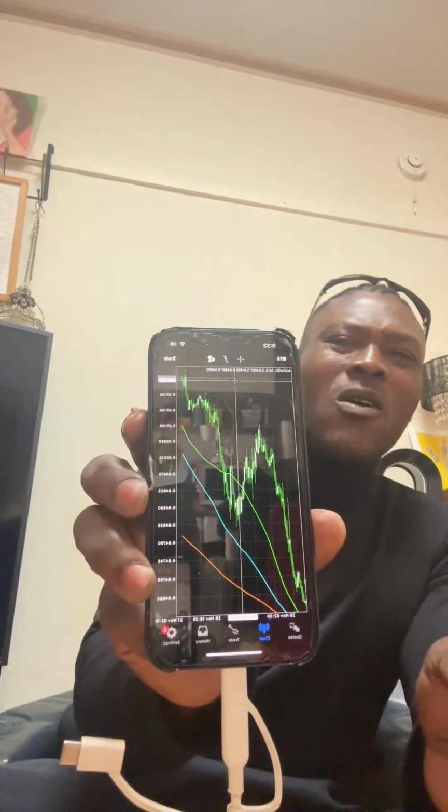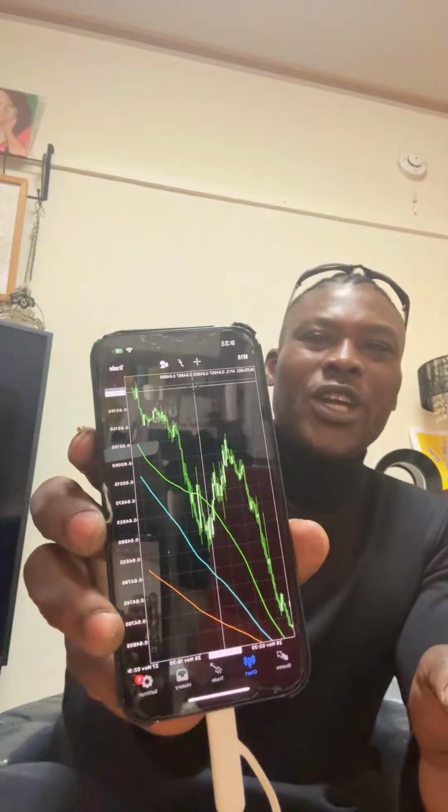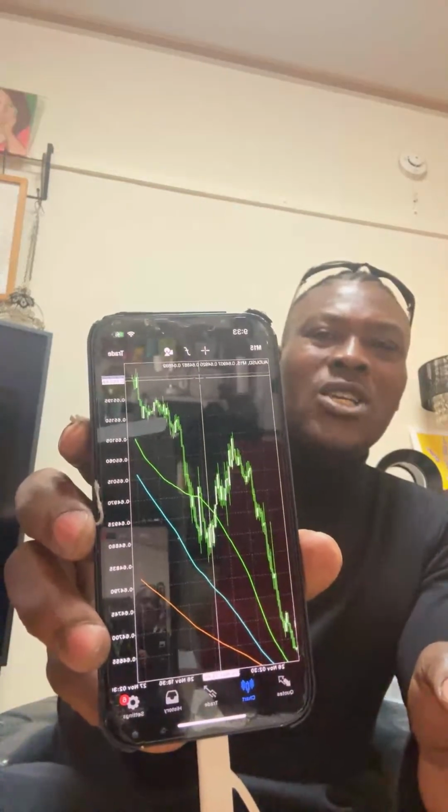So for entry, if you want to take it on AUD USD, you just need to find your own indicator which will signal you a buy after a little pullback on the 5 minute or the 15 minute. You just need your indicator that will signal you a buy on the Australian USD.